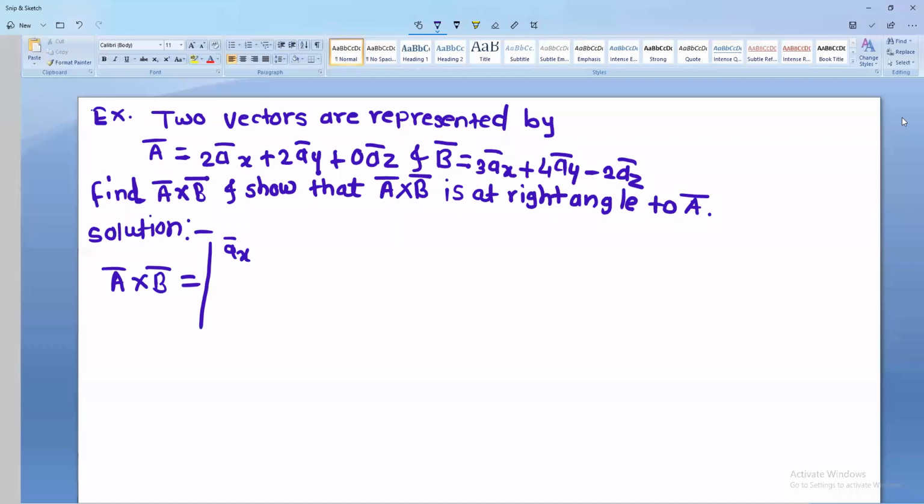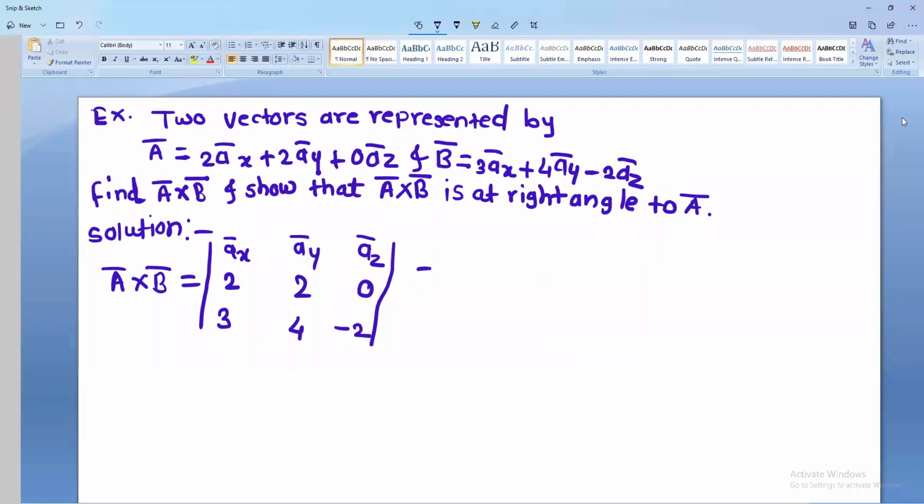So first write the unit vectors a bar x, a bar y and a bar z. Now the coefficients mean coordinates. a bar's coordinates are 2, 2 and 0, and b bar's coordinates are 3, 4 and minus 2. Now solve this.